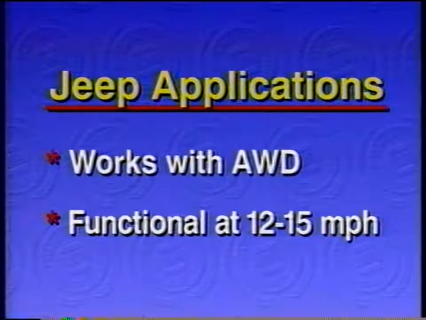The Bendix ABS system that's found on the Cherokee and Wagoneer is the only other ABS system besides the Kelsey-Hayes 4-wheel system that works with 4-wheel drive. The Bendix Jeep ABS system has an unusual feature compared to other ABS systems in that it doesn't become functional until the vehicle's speed reaches 12 to 15 miles per hour.